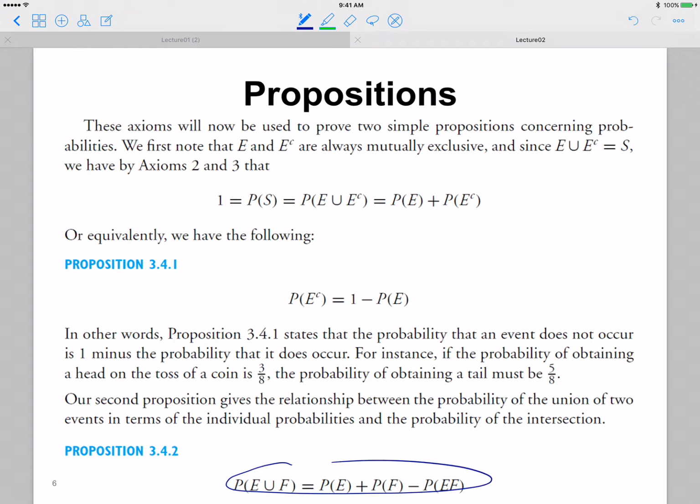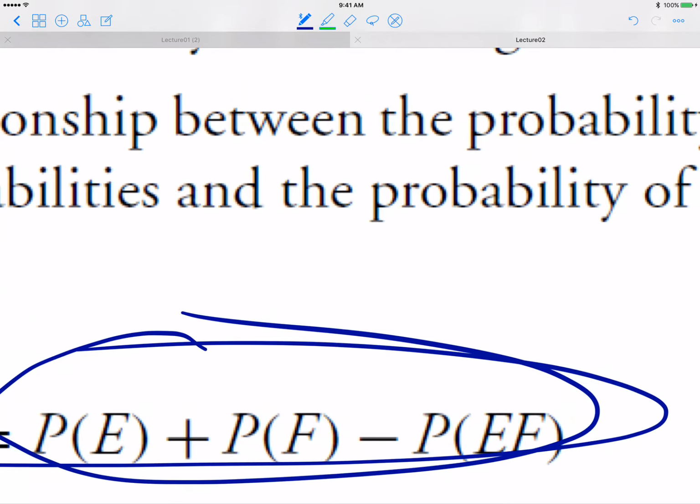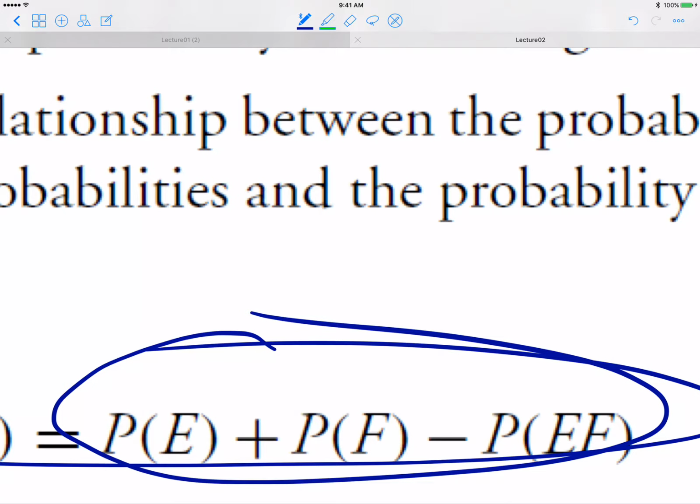We also know this, right? In case two events are intersecting, and suppose this event is E and this event is F, then the probability of the union event will be represented by this formula.